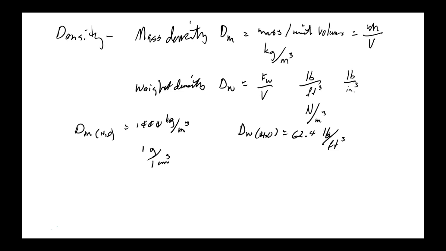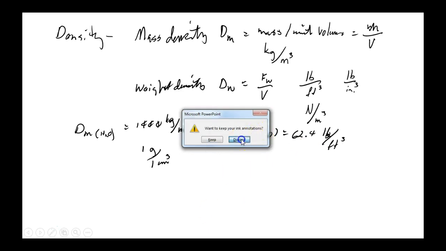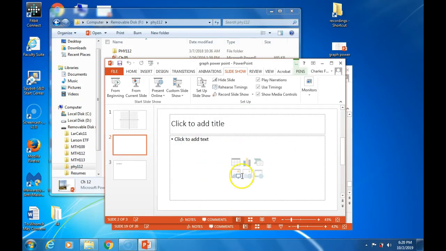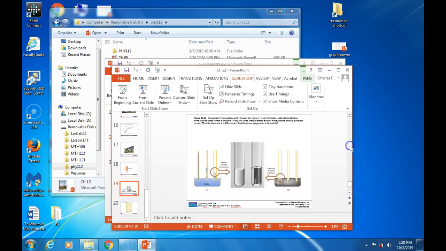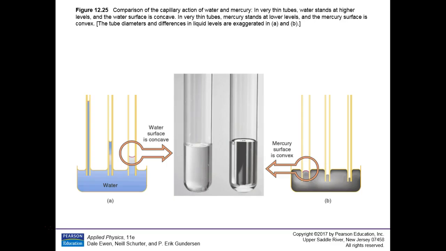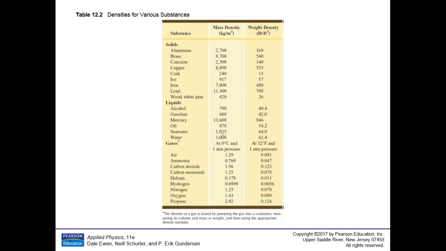And that leads us to the next table. And that's on this slide set. Let's go from current slide to here. Here's the table. It may be hard to read from where you are. You can read it more easily from your book. But I just wanted to point out a few things in the table. Okay, starting with solids.